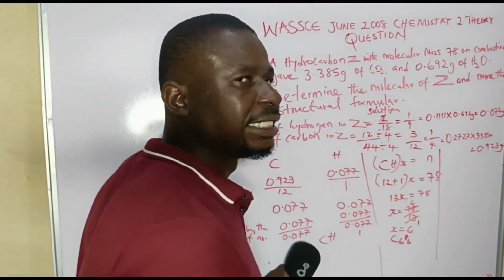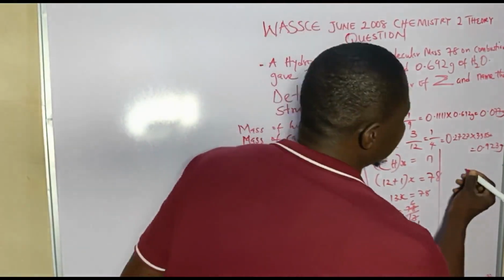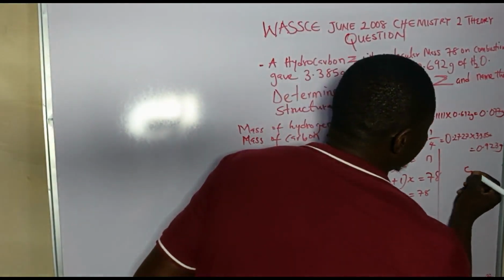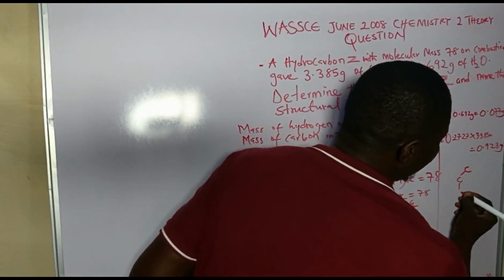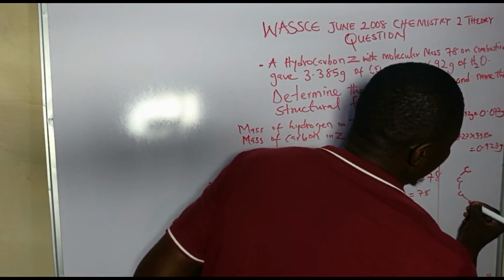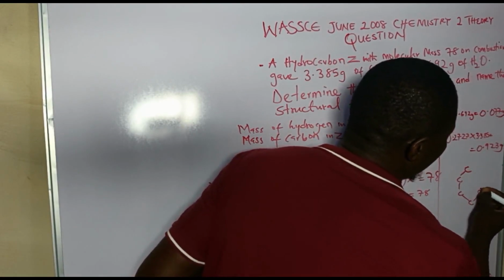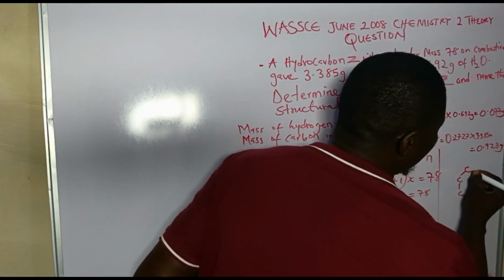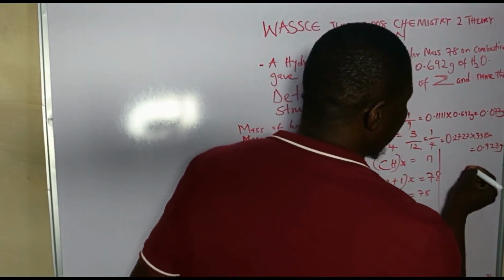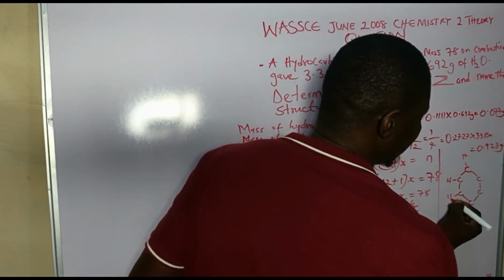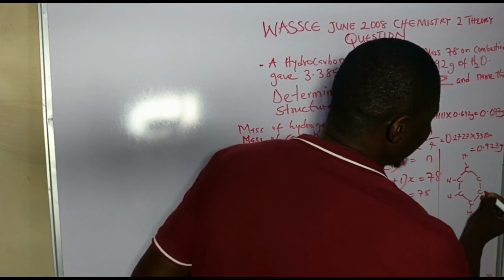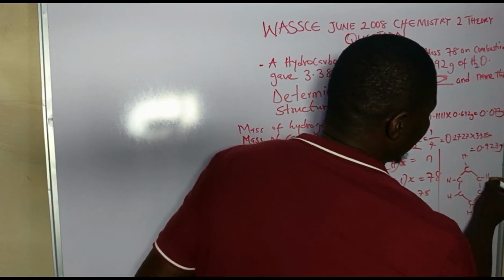Now look at the structural formula. Because we have C6 and H6, that means we have six carbon and six hydrogen.